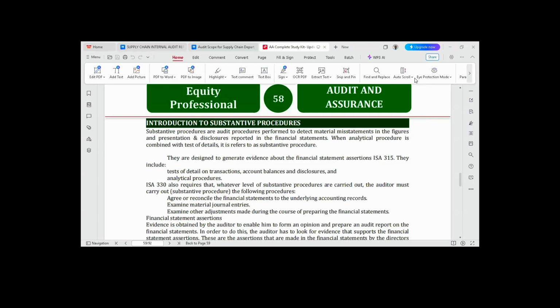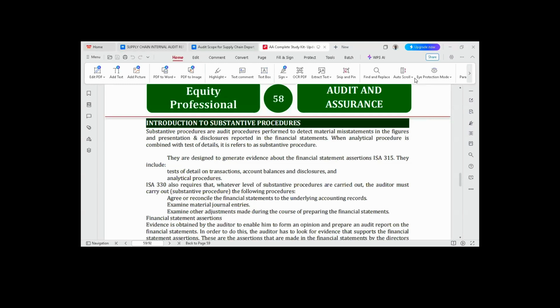So for instance, in the test of control, you ask, do you have an accounting policy in your organization? And the answer, yes. So when you are doing your test of detailed transaction, what you ask is, can I see the accounting policy and procedure? Can I see the document?